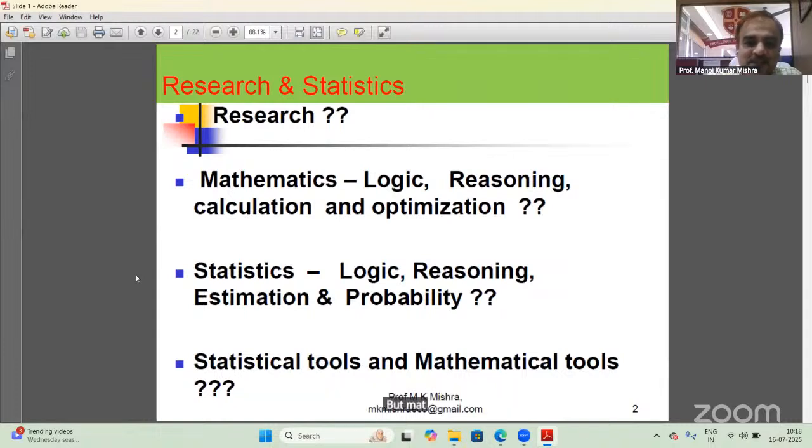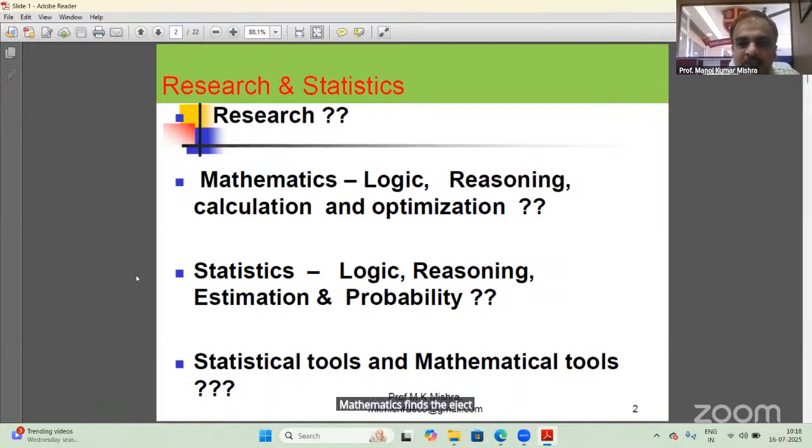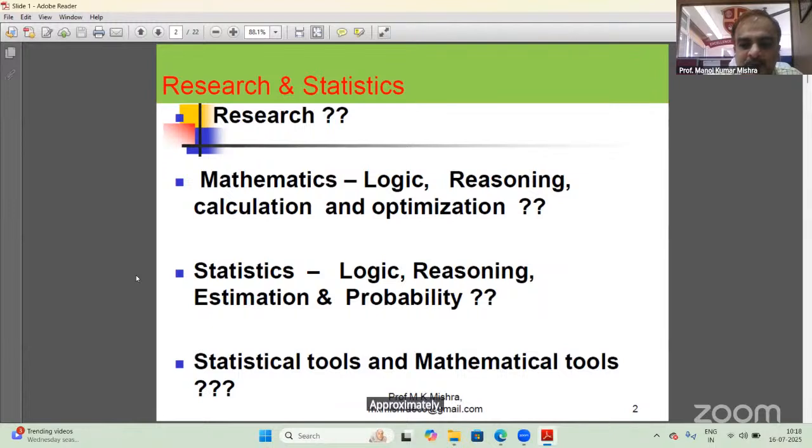Mathematics is calculation, while statistics is estimation. Mathematics finds the exact value of things, while statistics finds the approximate value. Mathematics is related to optimization.